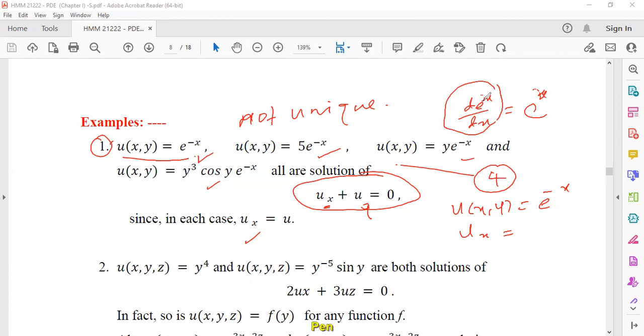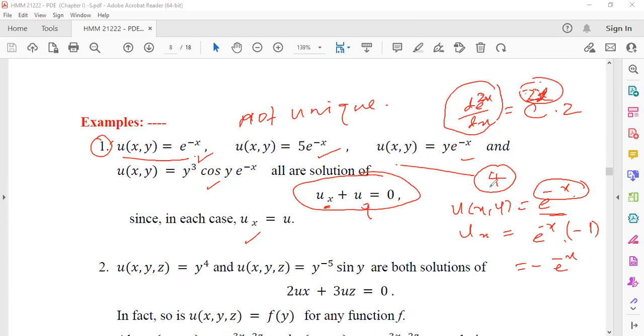If you have e to the power 2x, you have to take the derivative of the inner function as well. So the derivative of this with respect to x is e to the power minus x times the partial derivative of minus x, which is minus 1. So this will be minus e to the power minus x.